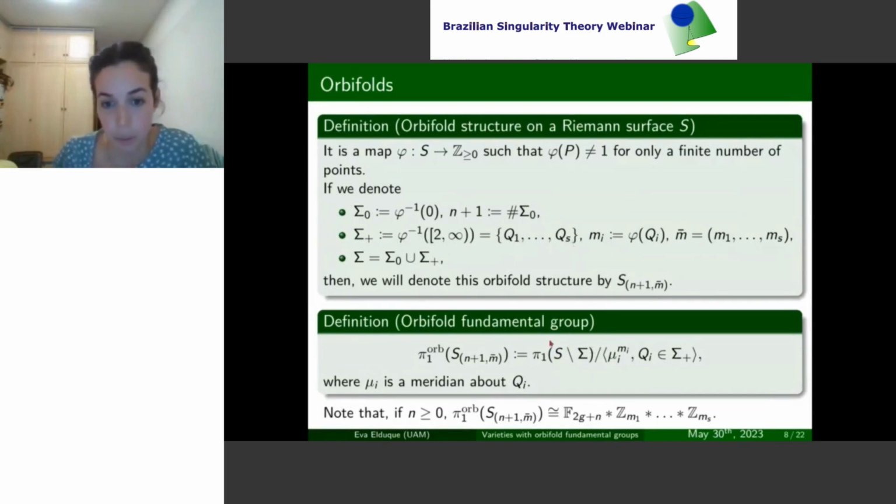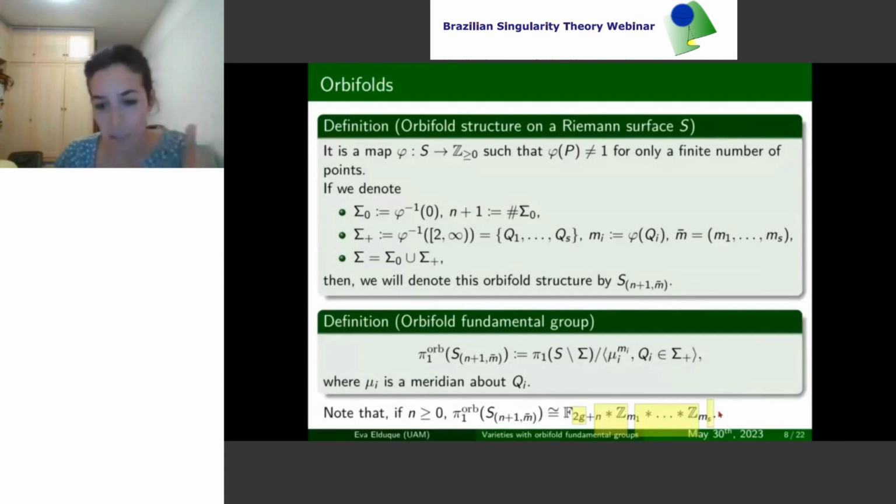And so this group will be a free group of rank 2g plus n plus s. But you're letting each of the generators corresponding to loops around the s points q_1 to q_s be such that an m_i-th power of those becomes trivial. So this is how you get this group over here.